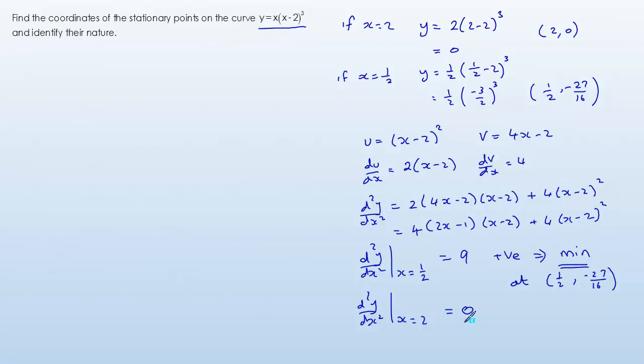So what I would do here is a sign test, and I'm not a big fan of the second derivative test, so I'm going to do a sign test based on dy/dx, the same sort of thing we did back in year 11. So we had that dy/dx was equal to, so it's these two multiplied together, 4x − 2 and (x − 2)².